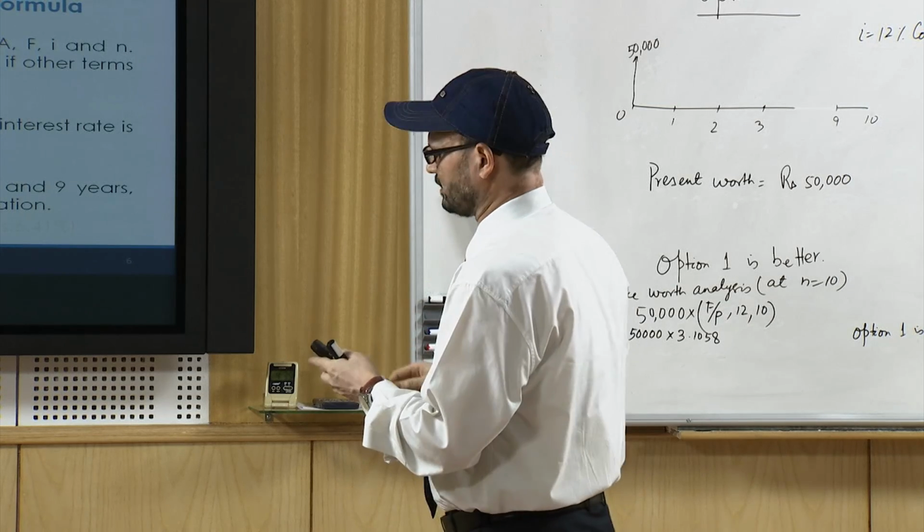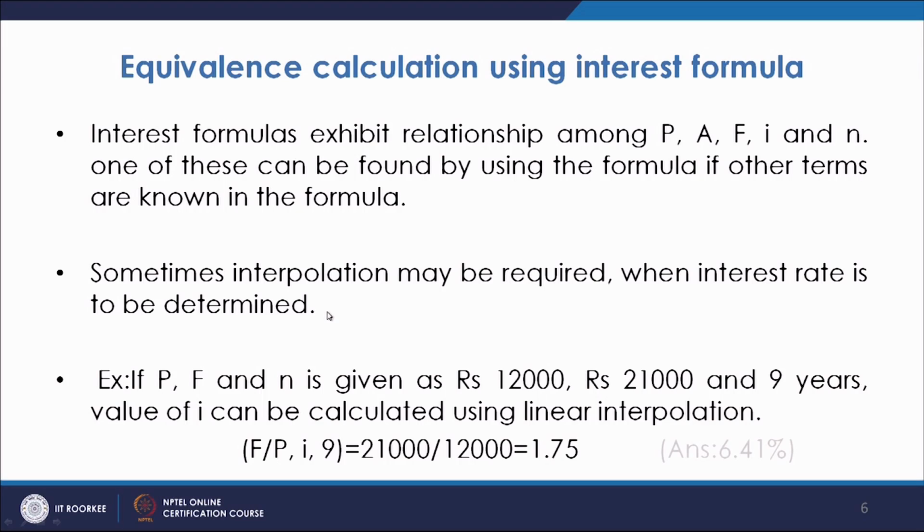Now, let us see the first case, when we can use the normal interest relationships to find a particular parameter.